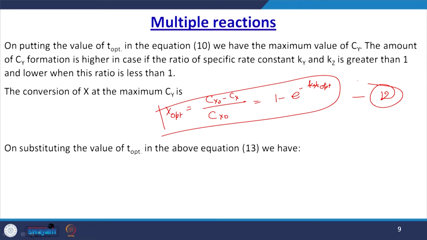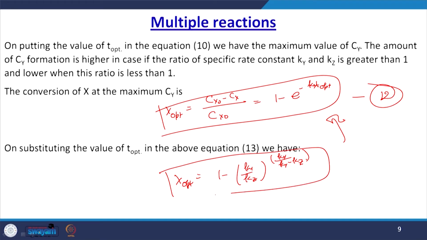Now, if we substitute the value of tau optimum in this equation, we have x optimum equal to 1 minus (ky upon kz) to the power ky upon (ky minus kz). That is equation number 13.